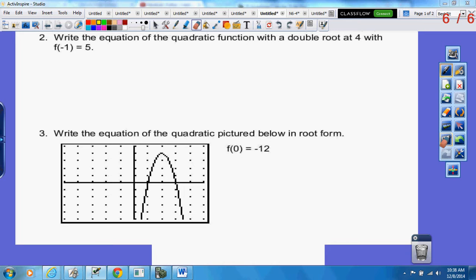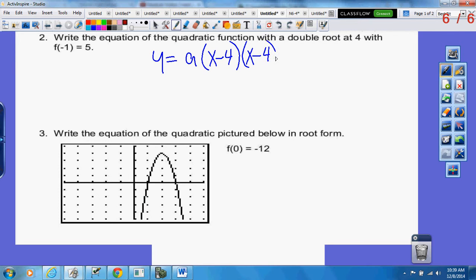So I know that on my equation, I'm going to have y equals, I don't know what my a is, but I'm going to have x minus 4 and another x minus 4 because this is a double root of 4. So now I just need to find out my a. So again, I'm going to plug in my x and my y.